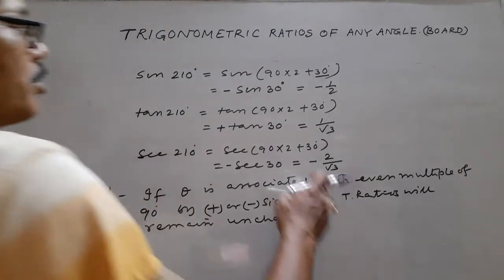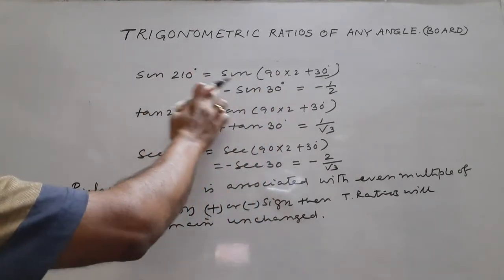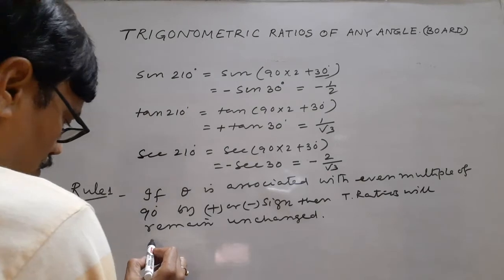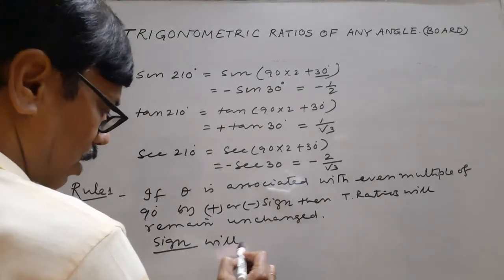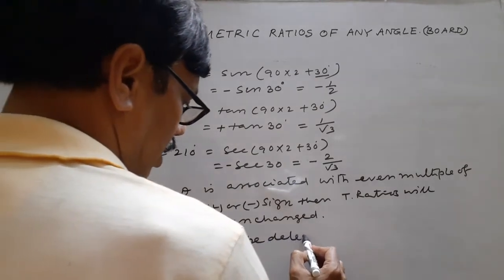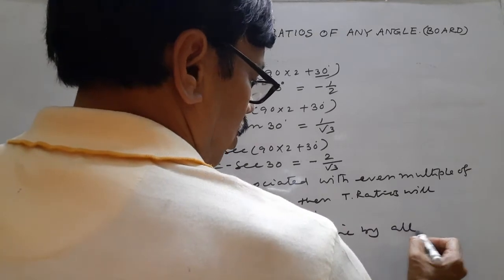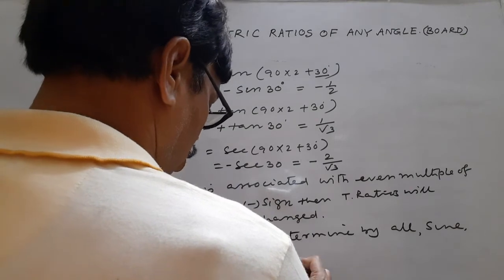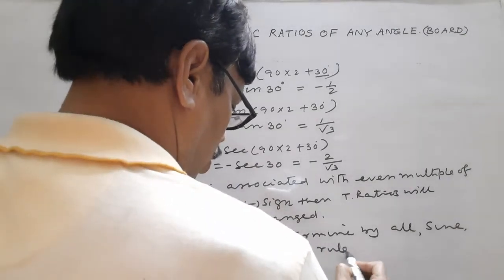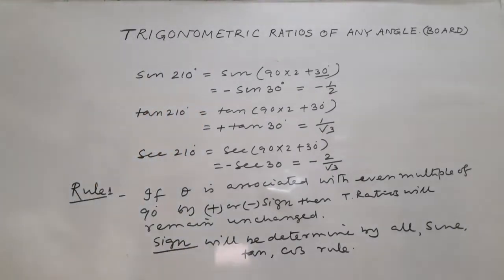Then this is sin 30, but in the second, third quadrant it is negative. So the sign will be determined by the all sin, tan, cos rule.